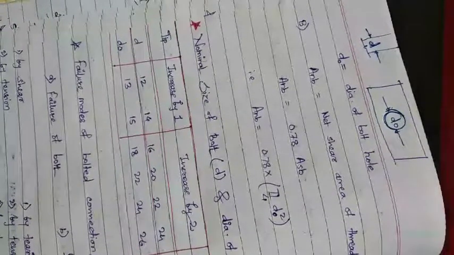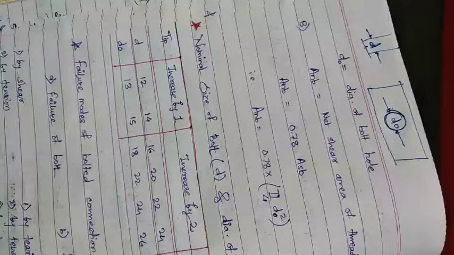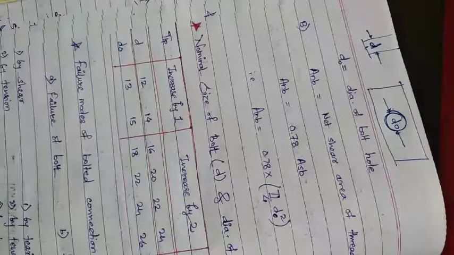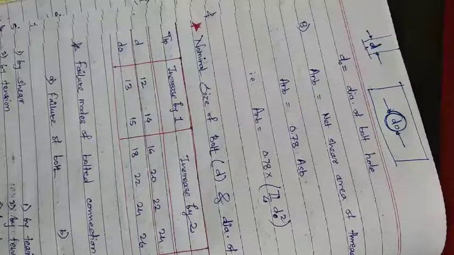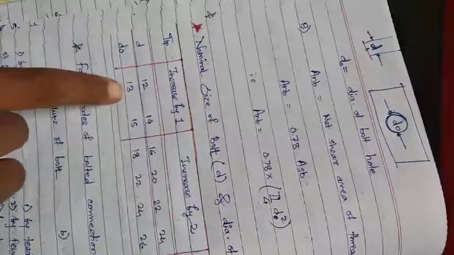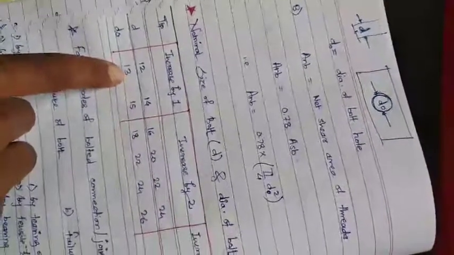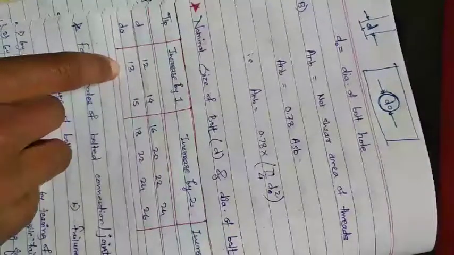That means the clearance is 1 mm. Clearance means the difference between the diameter of the bolt hole and the diameter of the bolt. So there should be 1 mm or 1 unit clearance between d and D naught.